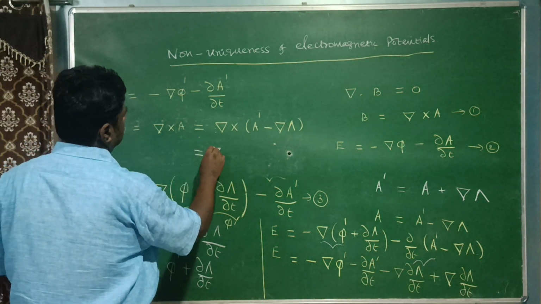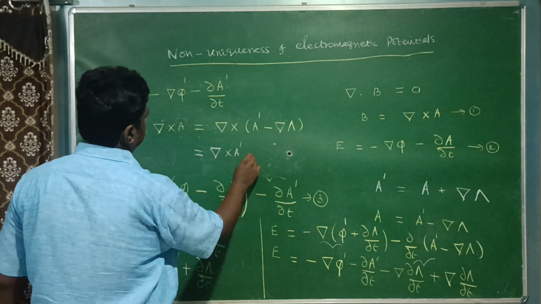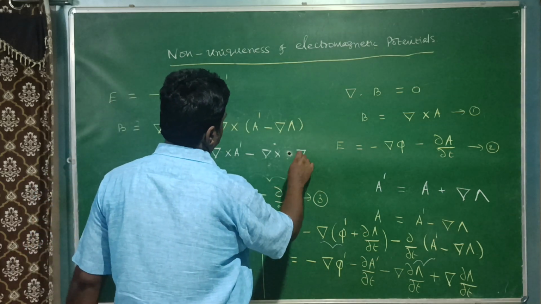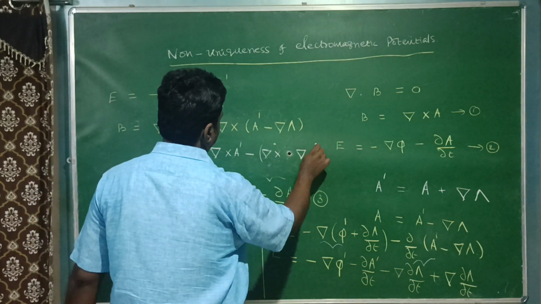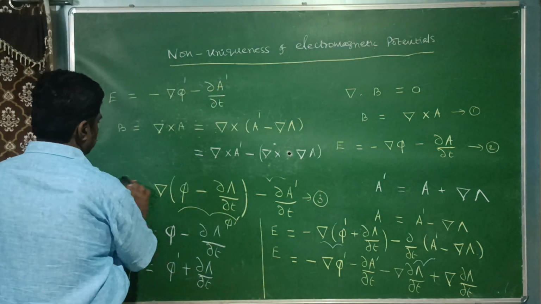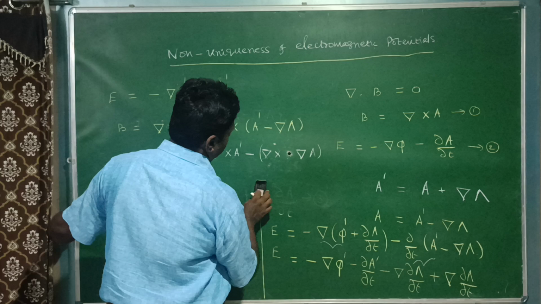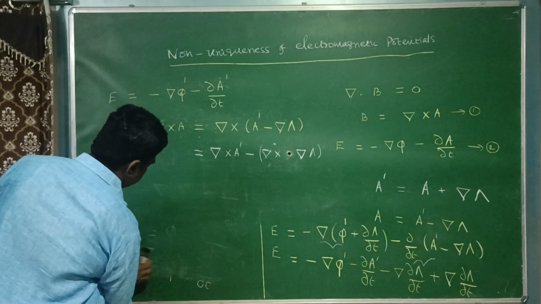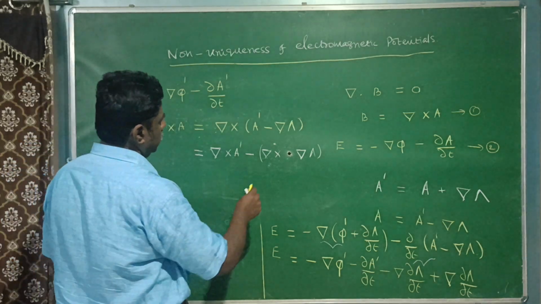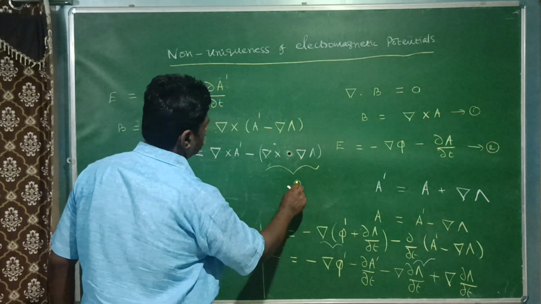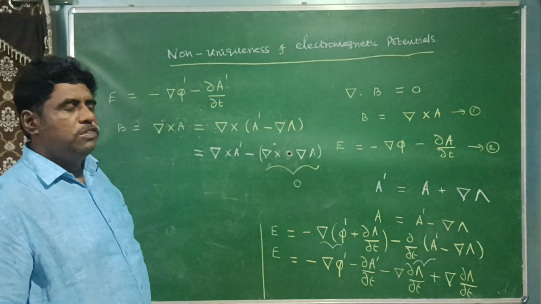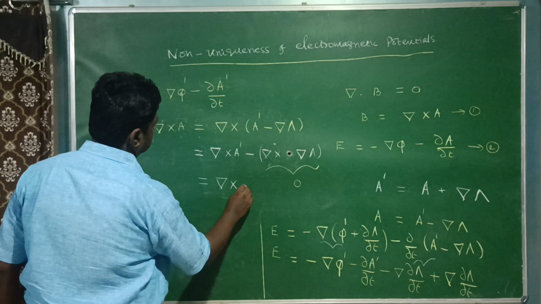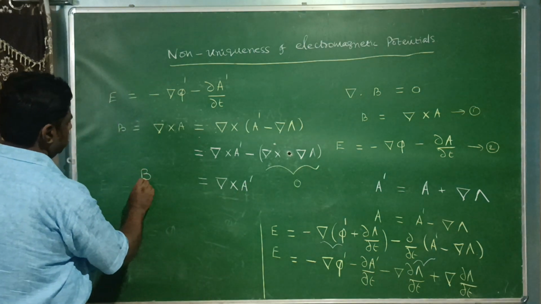It is equal to del cross A dash minus del cross grad lambda. The value of curl of grad lambda equal to 0. Curl of gradient of a scalar is always 0, so this is 0. Now we get del cross A dash, which is our B.